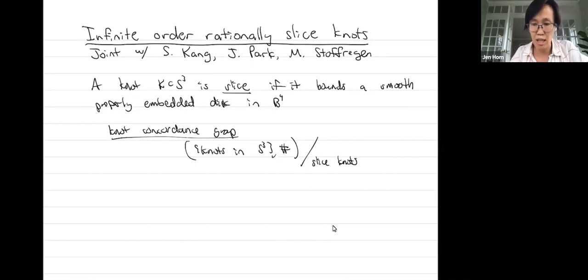So that's an exercise to check that K connected sum the reverse of its mirror image is always sliced. So this is the knot concordance group. Okay, and so today I want to generalize this.